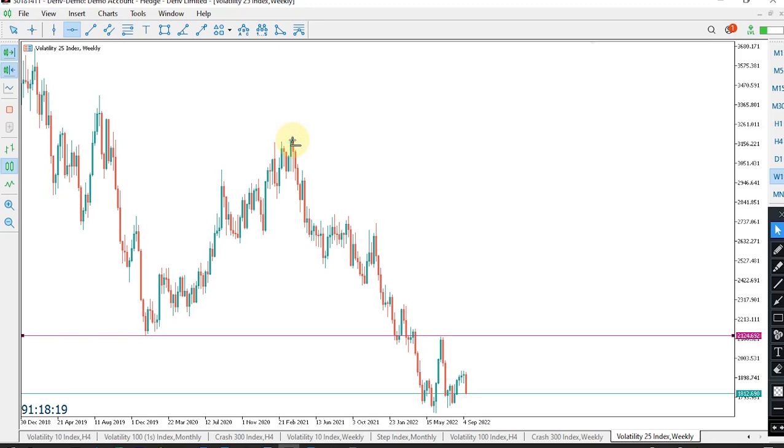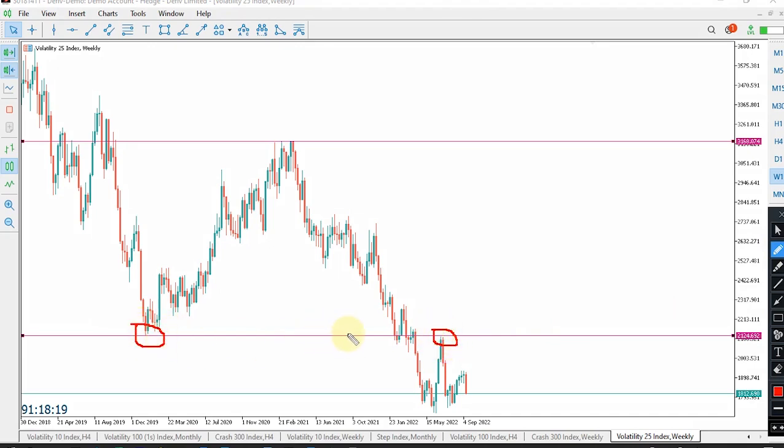Here is a resistance. And this is a resistance. This is a support. So this is a valid support and resistance.